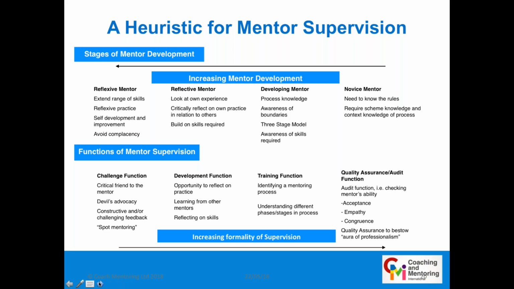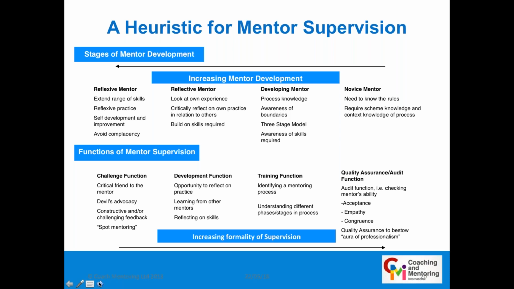So with a novice mentor, it's very much a quality assurance function, really. And as they develop, then it's around training them. But as they become more of a reflective mentor, this is where they need a chance to have some supervision and support. Quite simply, you can do this with a group of other mentors, so they have some peer and leader-led support, and they can share some of their experiences, discuss their process of mentoring and learn from it.